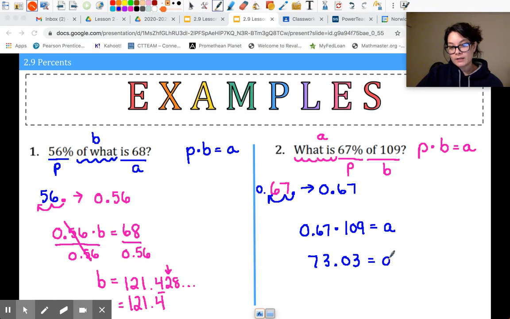This does terminate nicely, but again, if I'm going to round it to the nearest tenth, that means I would round the 0, and the 3 next door would tell me that that 0 would rest as a 0, which I could either write as 73.0 or just 73.